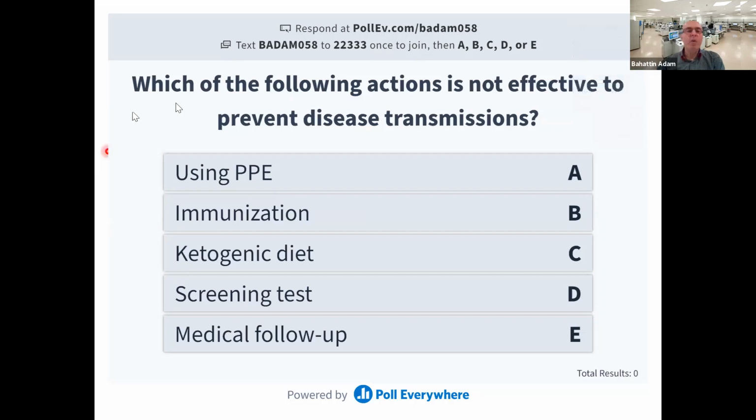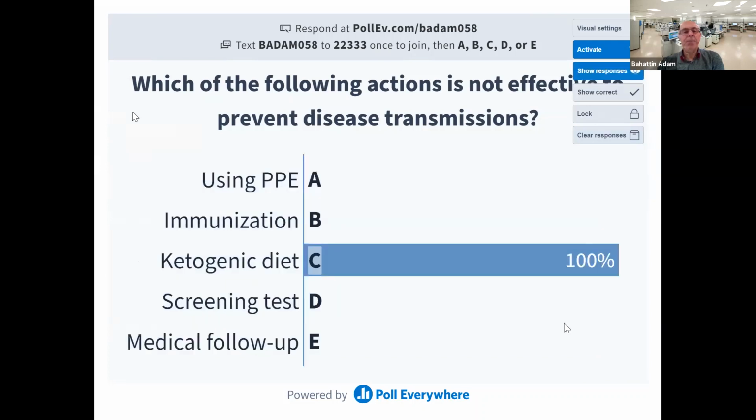Another one, which of the following actions is not effective to prevent disease transmission? Using PPE, immunization, ketogenic diet, screening test, medical follow-up, which we discussed yesterday, right? Okay, let's see.